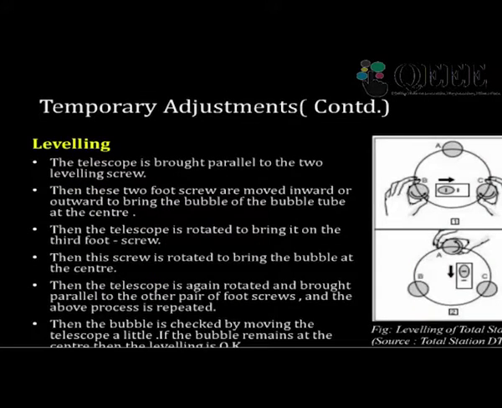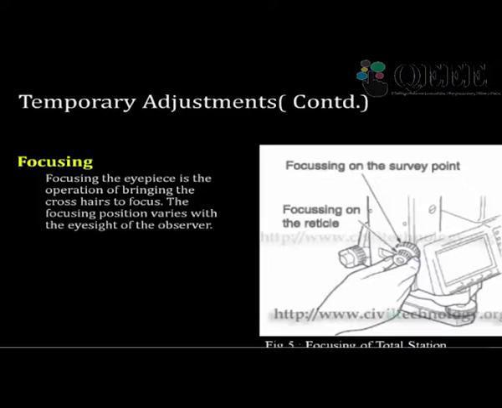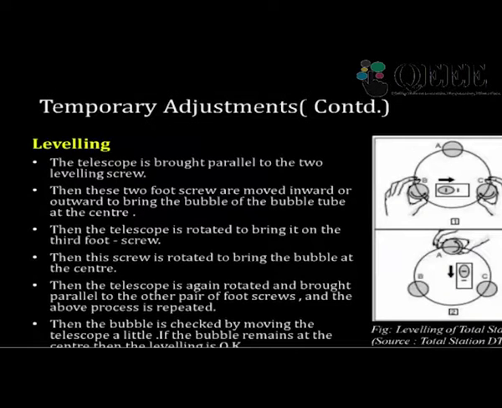Next comes the leveling. As I told you, centering, leveling and focusing are the temporary adjustments. Leveling is again very simple. Unlike your plane table tripods, here you will have a tribrach, so three leveling screws will be there. Using those screws, we can easily adjust this. I think people who are already undergoing a surveying course know how to adjust total stations.